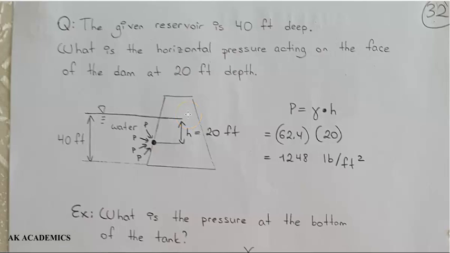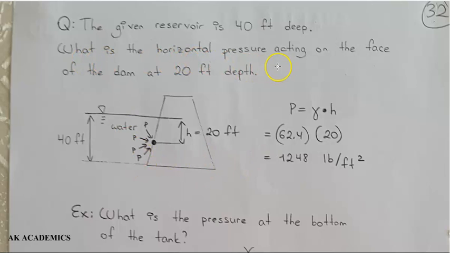Here is a simple example we can evaluate together. The given reservoir is 40 feet deep. What is the horizontal pressure acting on the face of the dam at 20 feet depth? So we do have the reservoir. This is the reservoir, as you can see here, and the depth of that reservoir is 40 feet, which represents the height of the reservoir.